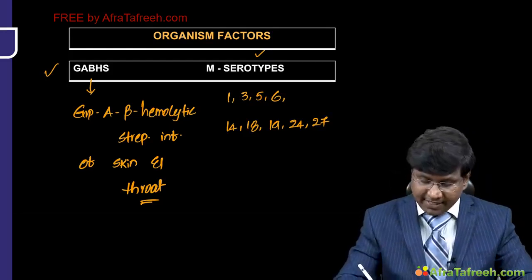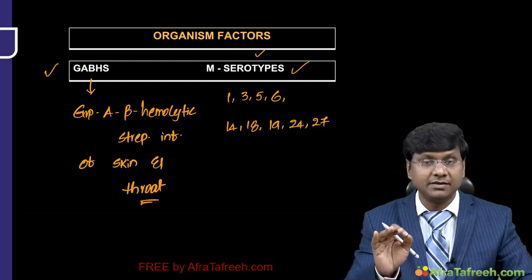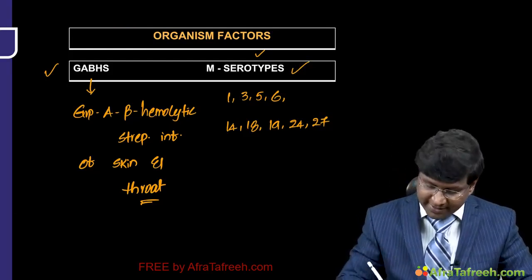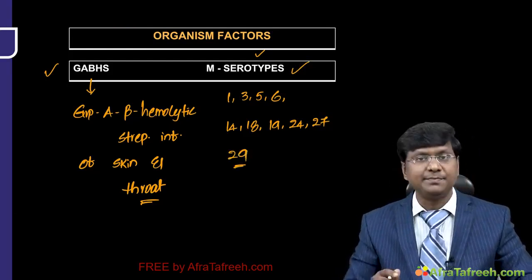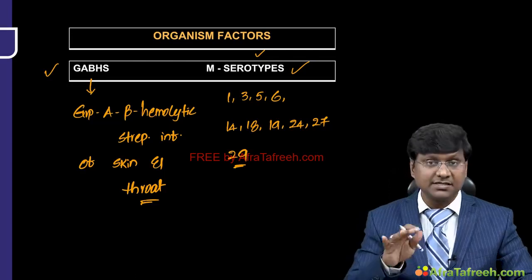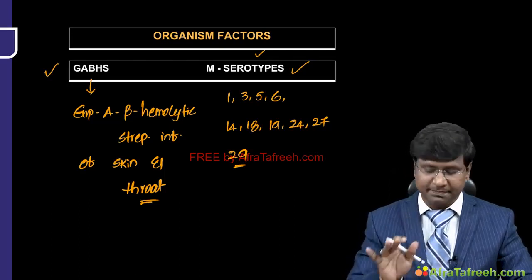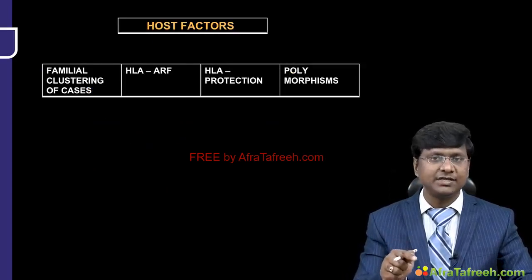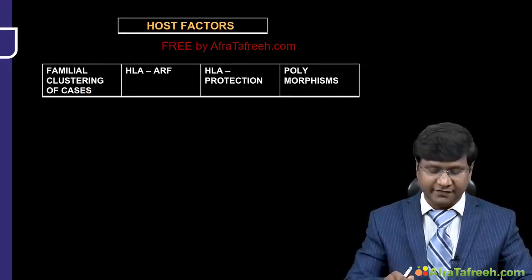These are the M serotypes which are responsible for the development of acute rheumatic fever or rheumatic heart disease, and even serotype 29 as well. These serotypes cause the throat infection or the skin infection.